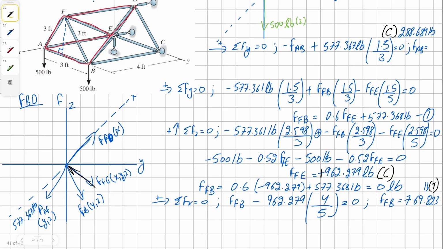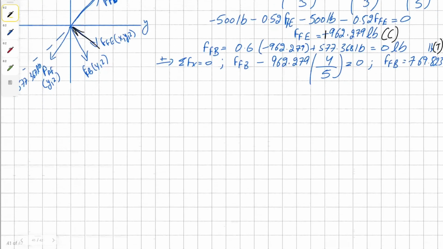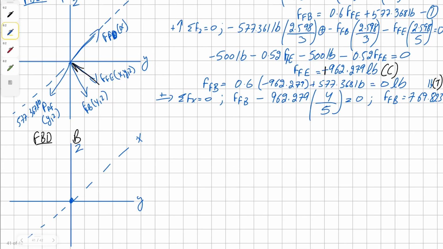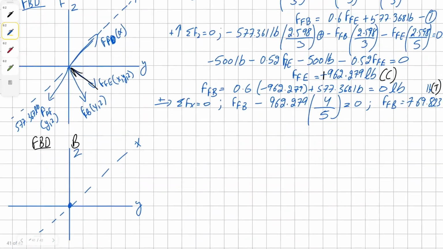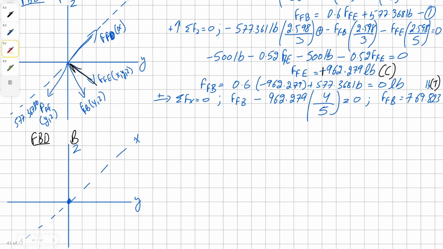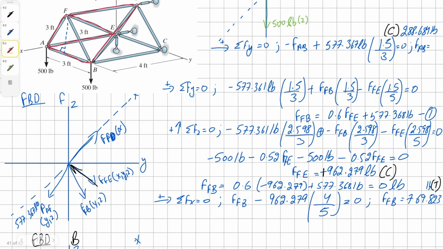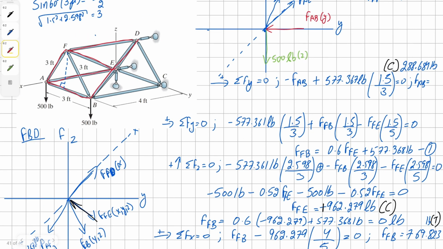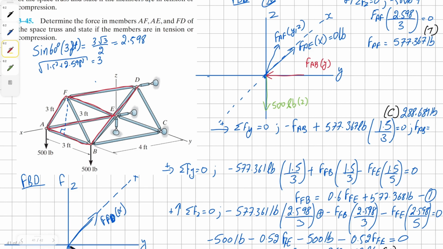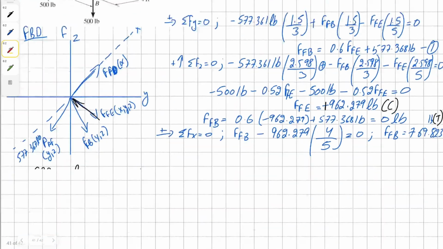Alright, now that we have all the required members except for BD, let's go to joint B and draw its free body diagram. At joint B, we have our force AB along the y-axis, and I believe it was in compression. The value for AB was 288.689.